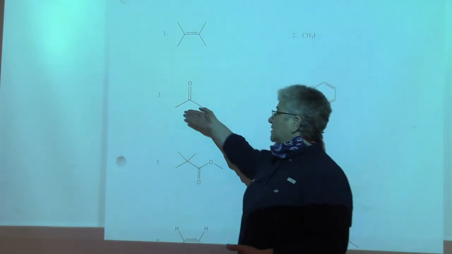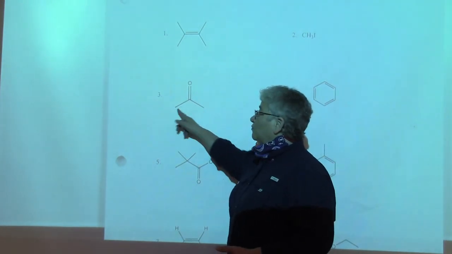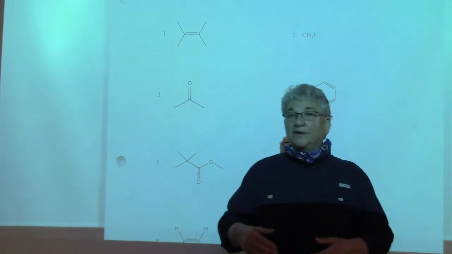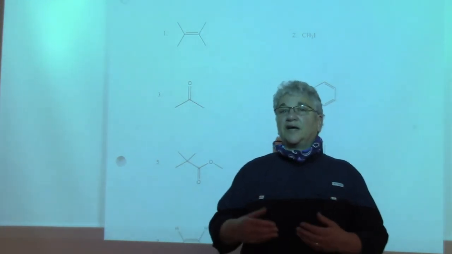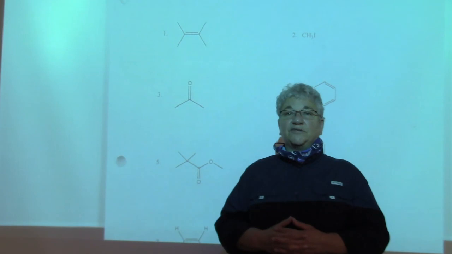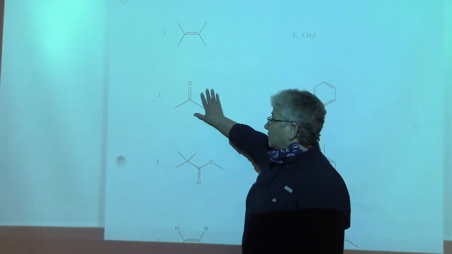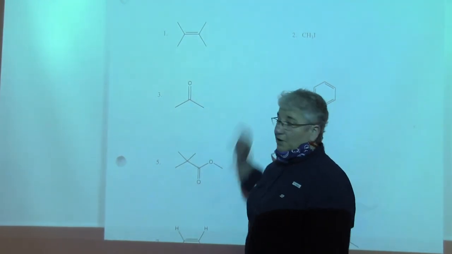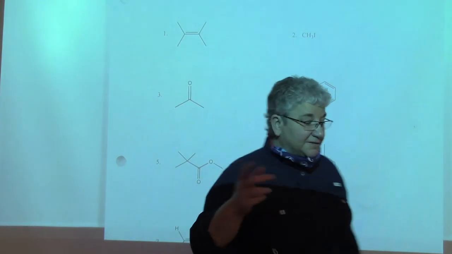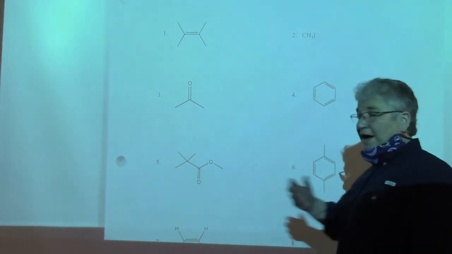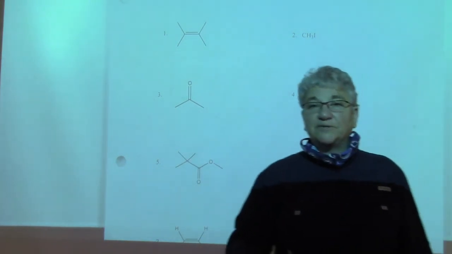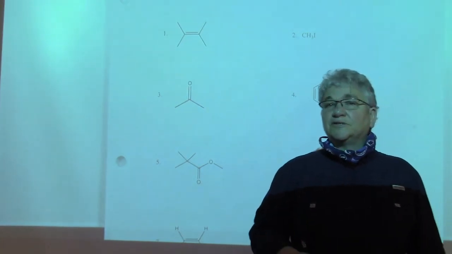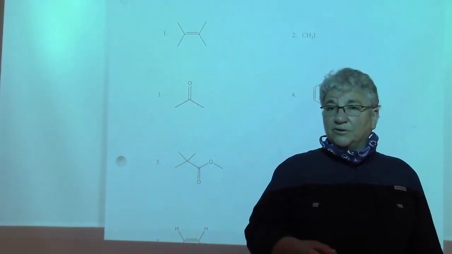And so in this case, I would say that there is one type of hydrogen or one type of proton that I would see in this molecule, which happens to be acetone. So go ahead and pause the video and tell me for the rest of these how many different types of hydrogen peaks you would expect to see in the proton NMR.